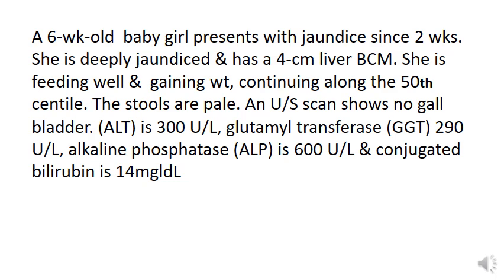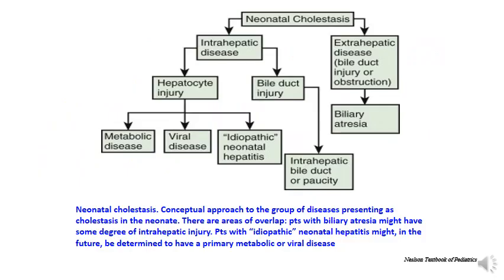So what do you think this infant has? Yes, this is obstructive jaundice. All right. So in neonatal cholestasis, you check whether it is intrahepatic or extrahepatic. In case of extrahepatic disease: bile duct injury, obstruction or biliary atresia.